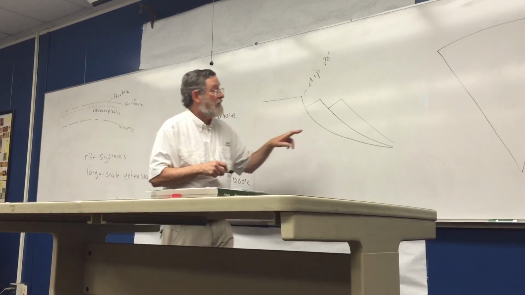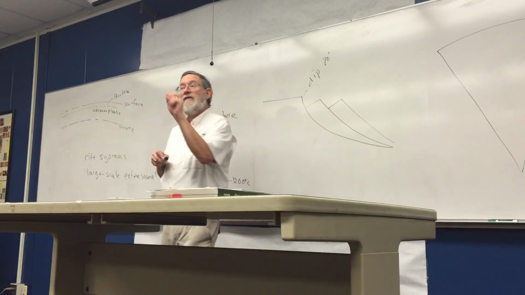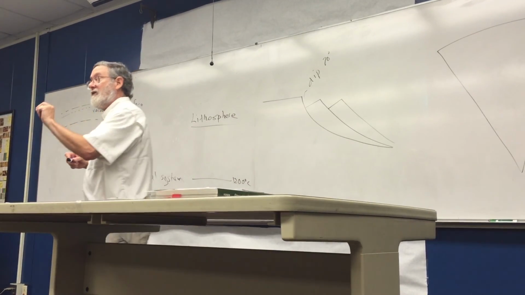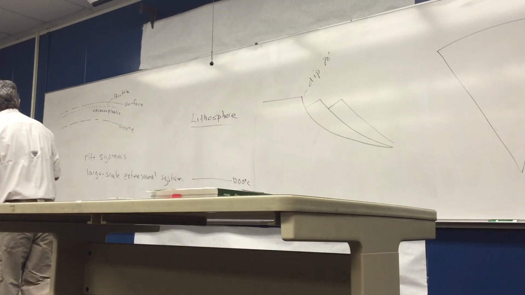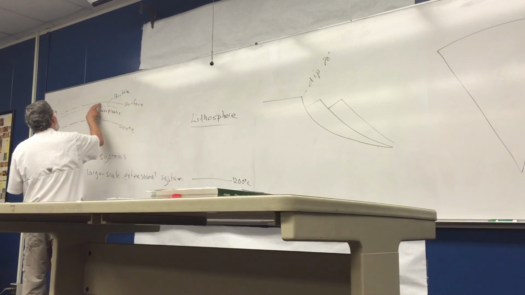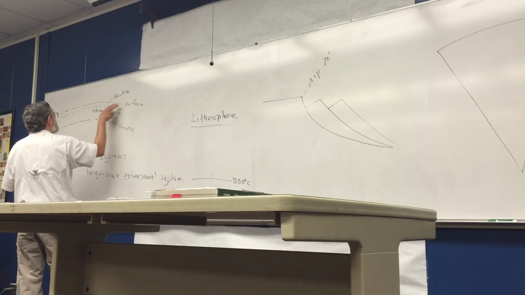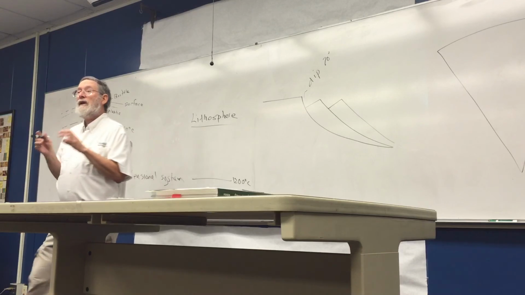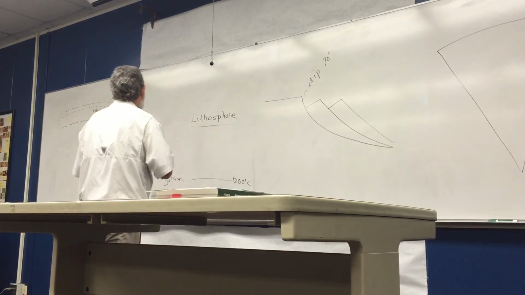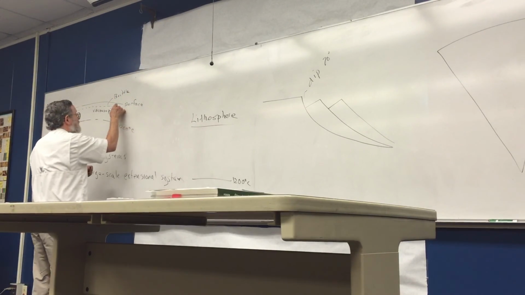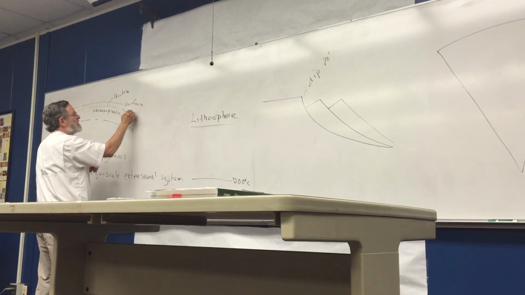So what that says is that when we start looking at these large-scale rift systems, these large-scale extensional systems, everything is happening up here in this brittle zone. Everything is happening above a depth on average of about 10 kilometers.